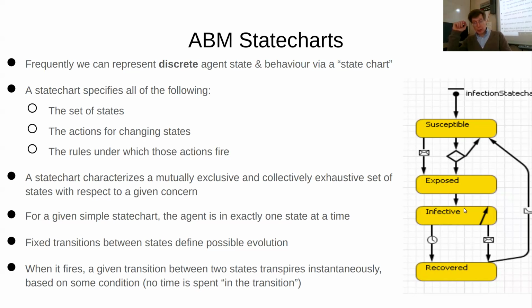Here, susceptible, exposed, infective, and recovered. The possible actions by which that state could change. So, for example, if you are in the exposed state, this is a conditional construct, right? If you're in the exposed state, you can go to infected via this transition.